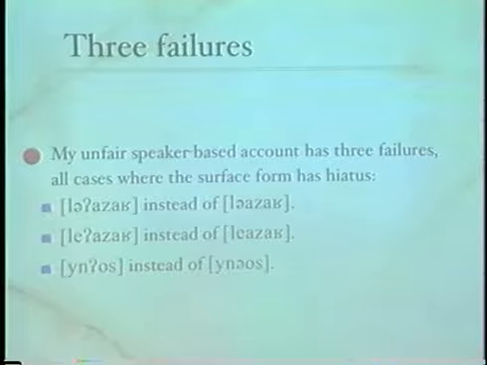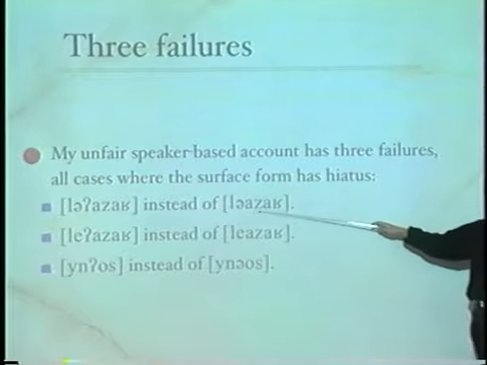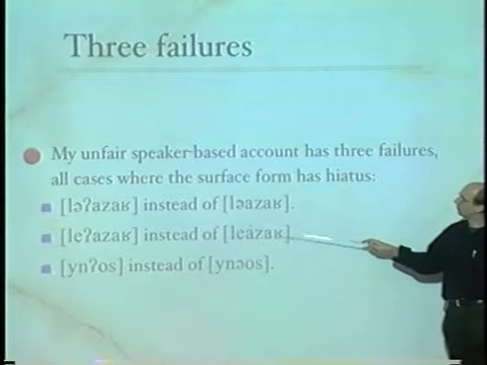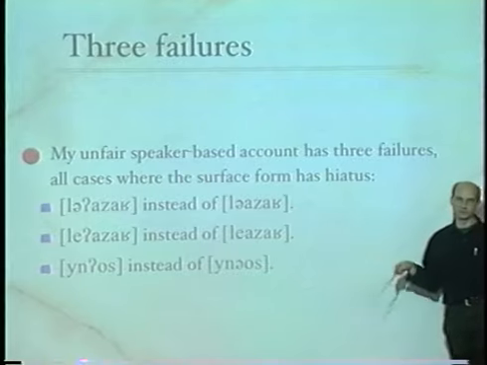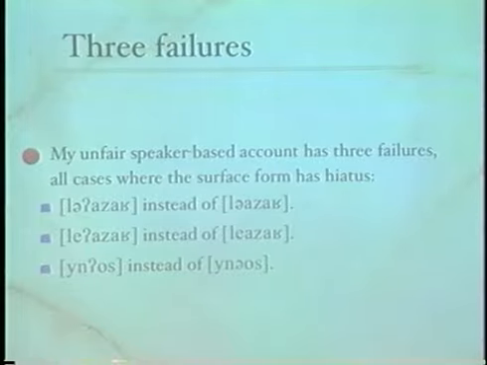And in all three cases, the actual attested surface form has hiatus, which means in French two vowels in a row in different syllables. Le hasard, les hasards, une hausse. It's all the same. So, how can we fix this grammar?